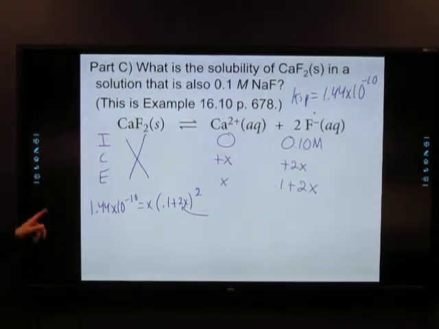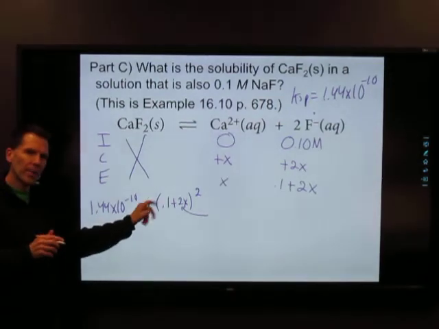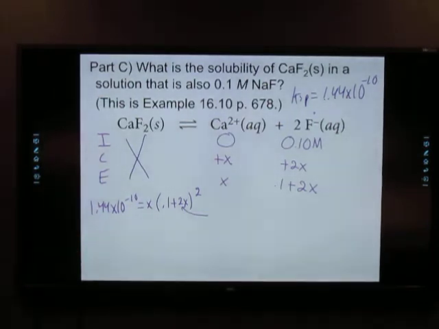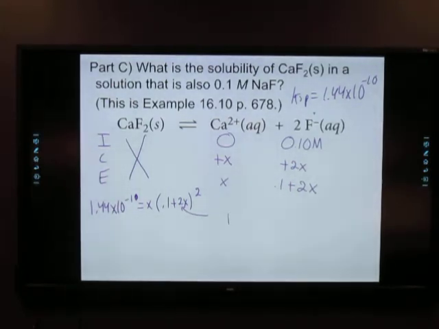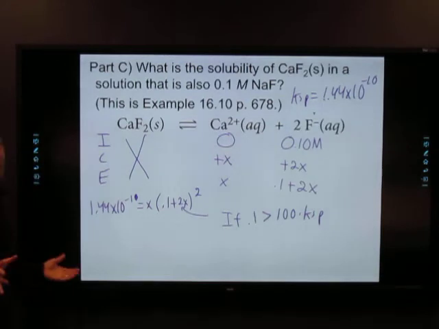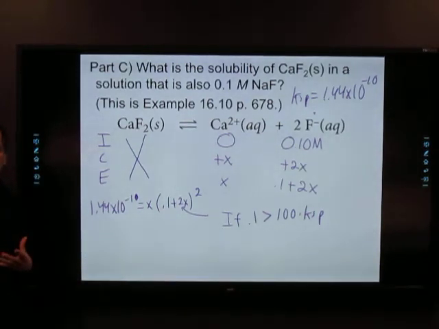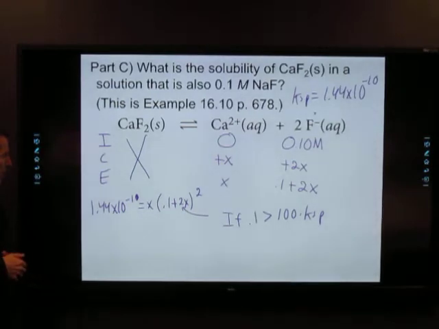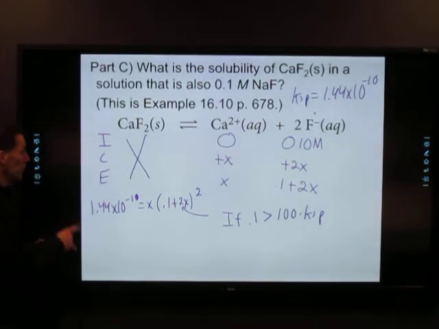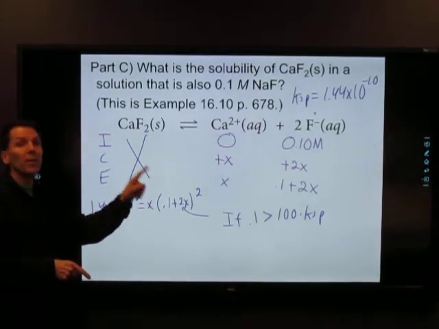Just like we did earlier, if you could state that the concentration of the common ion is greater than 100 times the K value, so if that's a true statement, that 0.1 is more than 100 times the KSP, then you can drop the 2x. And algebraically in our problems in this class, we really have to set it up that way. And so the plus 2x disappears. This turns into 1.44 times 10 to the negative 10th equals x times 0.1 squared.